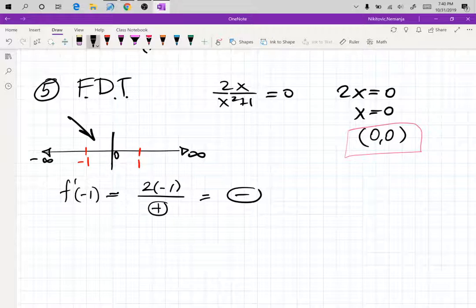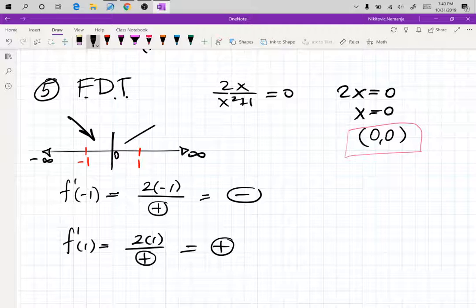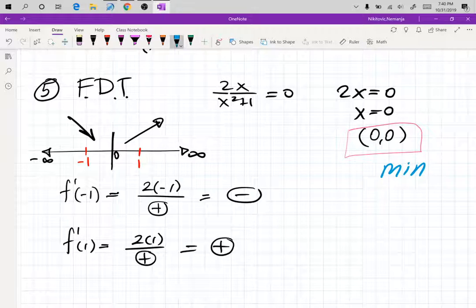Again, you can punch all of these numbers in a calculator if you don't want to mess with analysis, and you will get a negative value which is less than 0, and you will still have decrease. So when I plug in 1, I have 2 times 1 divided by a positive number, which is now positive, goes up, and this is where we, for free, get this point is a minimum. Yes, so it will get a smiley face.